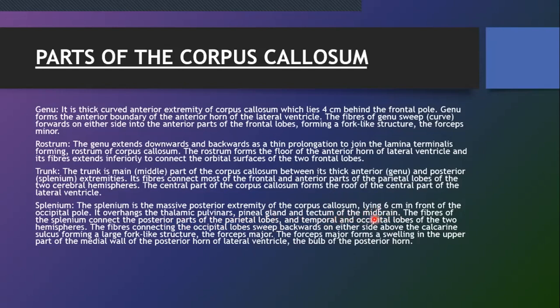Remember, if you have done the midbrain, the tectum of the midbrain has 4 swellings: the corpora quadrigemina, or the colliculi. Now, the fibers of the splenium connect the posterior parts of the parietal lobes and the temporal and occipital lobes of the two hemispheres. The fibers connecting the occipital lobes usually sweep backwards on either side above the calcarine sulcus, forming a large fork-like structure, the forceps major.